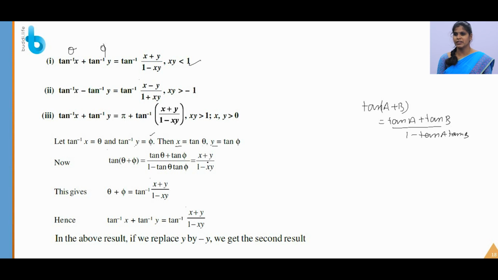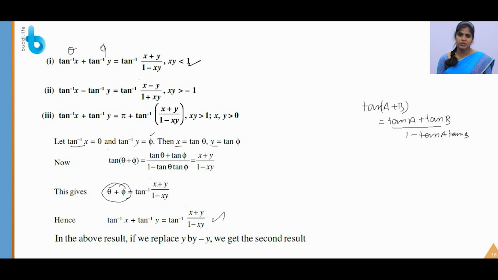So x plus y divided by 1 minus xy. So theta plus phi equal to, just take the tan to the other side, tan inverse of x plus y divided by 1 minus xy. What is theta? Tan inverse of x. What is phi? Tan inverse of y. That is, the left hand side alone we are changing and substituting. Okay, hence we got the first property.